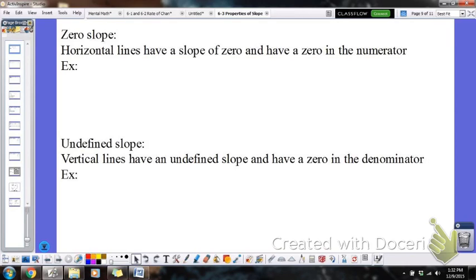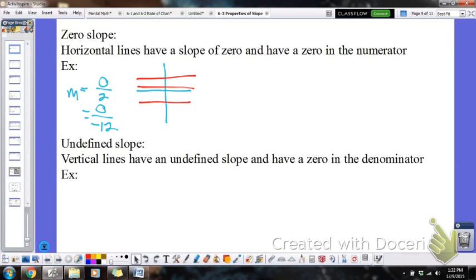So something that looks like this has a slope of 0 over 2 or 0 over negative 12. Doesn't matter. 0 over anything has a 0 slope, and it will be a horizontal line. So a line that looks like the horizon, something like this, or this, or this. Any line that's horizontal has a slope of 0.